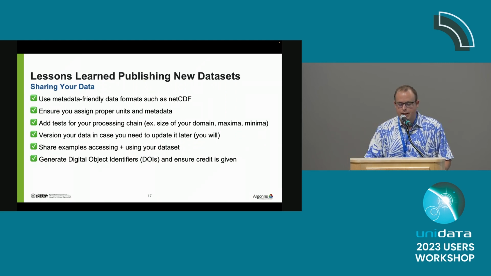Fortunately, we have a format like NetCDF, which is the standard across the whole program to be able to describe your data this way. Ensure you assign the proper units. That's something always good to make sure you do when you're contributing any sort of open data, because sometimes you can mess up and lead to some very bad results.